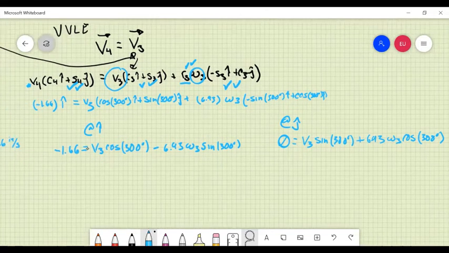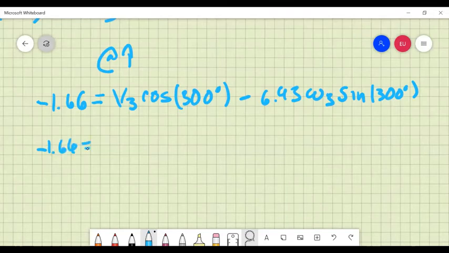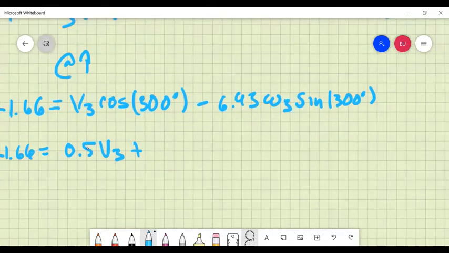So then this bit here is minus 1.66 equal to 0.5 linear velocity of link 3 plus, what is the sine of 300?